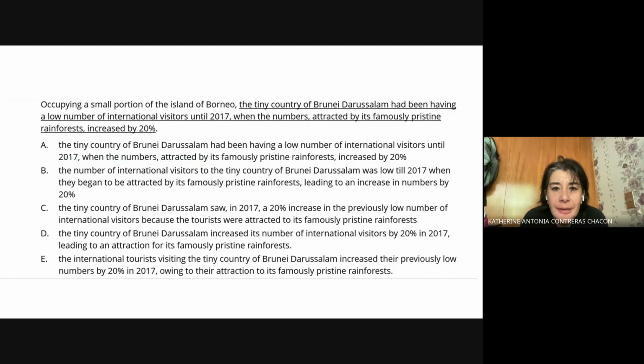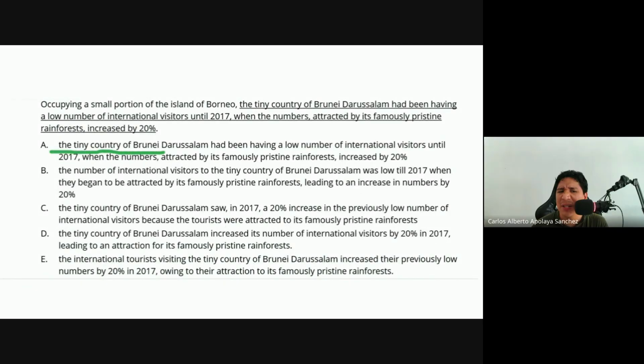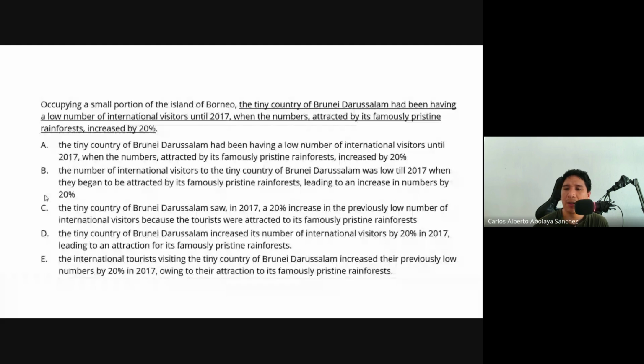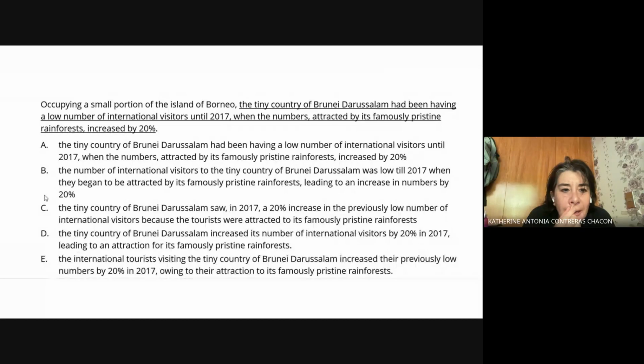Let's wait, let's analyze the subject. Who is occupying? The tiny country, the number of international visitors, the international tourists visiting. So my question is, who is occupying a small portion of the island of Borneo? I think the number.